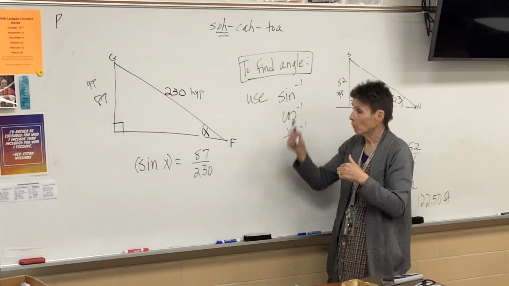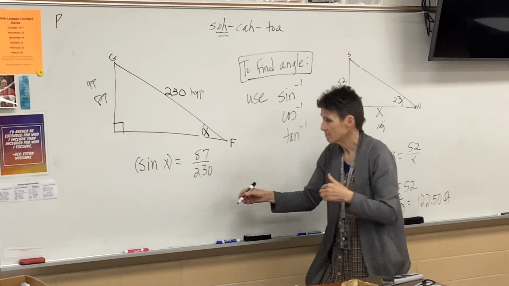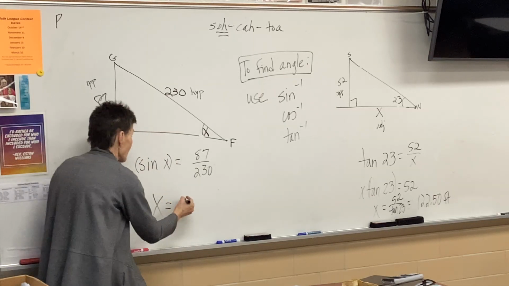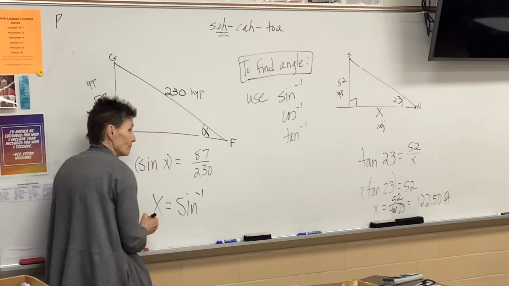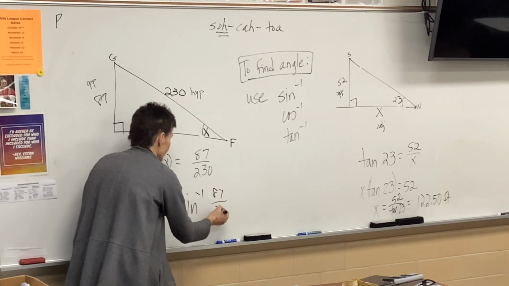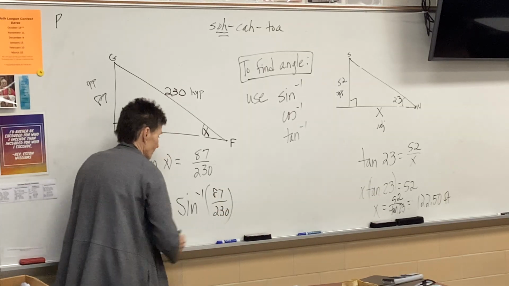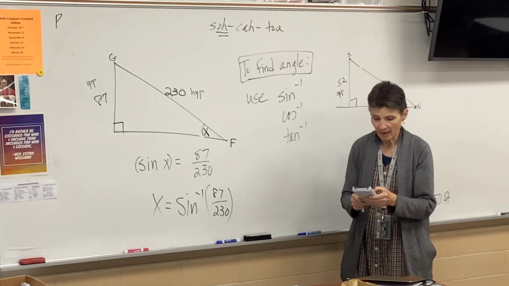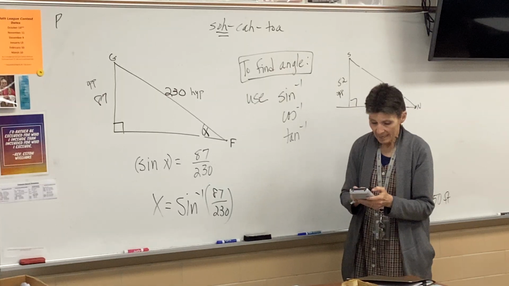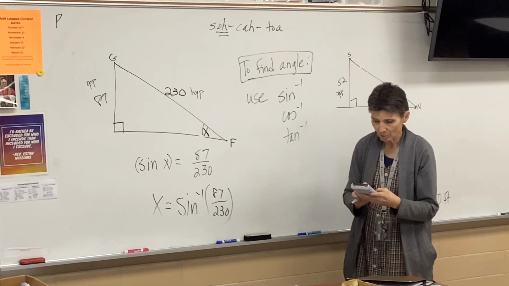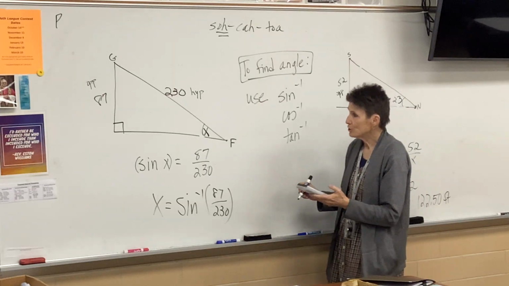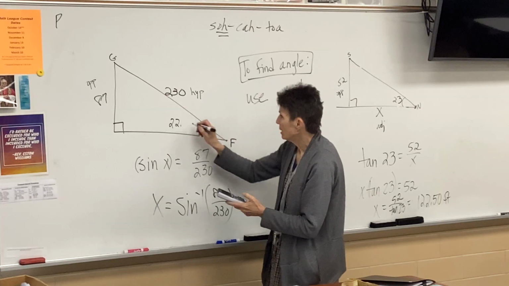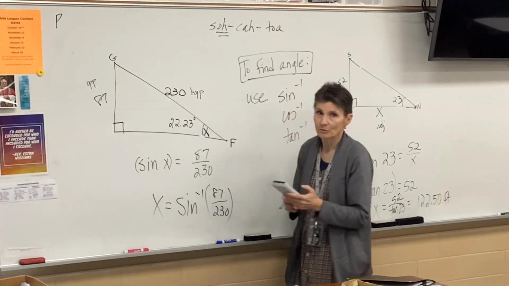We need that one because this is a sine problem. So to get your answer, you are going to type that button, and then your fraction. So type second sine 87 divided by 230, and you should get your angle to be 22.23 degrees.